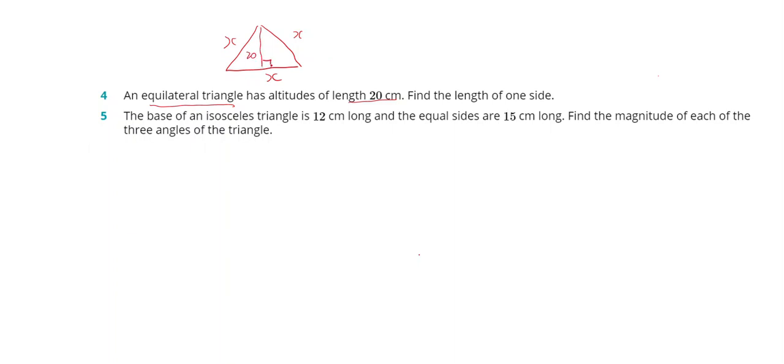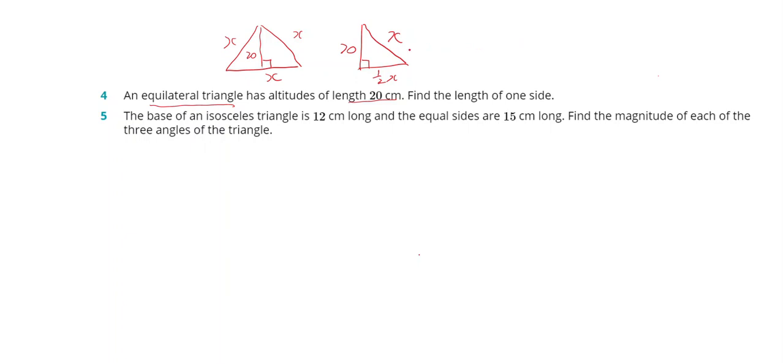And this will form a right angle triangle here. The key thing is, if I draw the triangle on the right hand side again, I know this is x, I know this is 20, so this must be, well, it's divided the base into 2, and the base happens to be x, so half of x is just half x. Now, how can I actually solve for the unknown x?